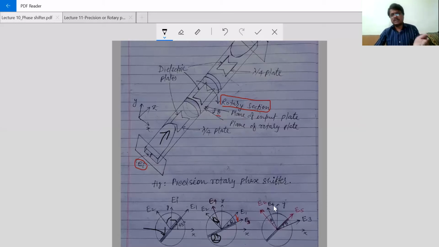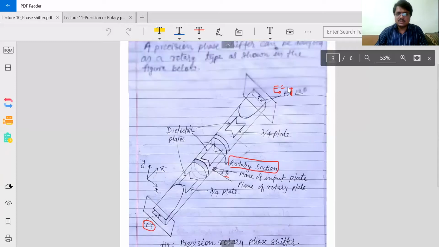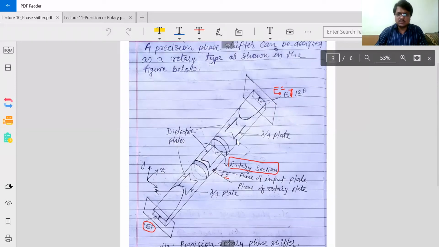We will see all the mathematics, and finally we can prove that the angle between the two waves will be 2 theta. The extra phase change due to this section will be 2 theta.